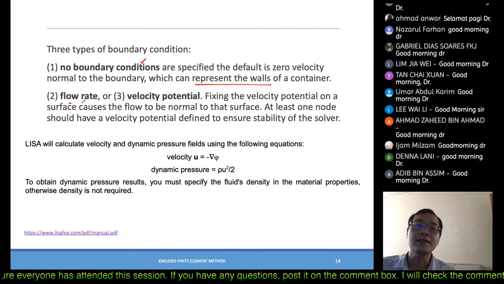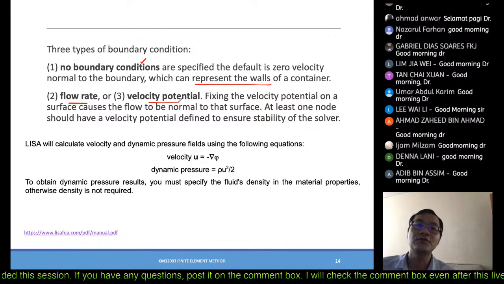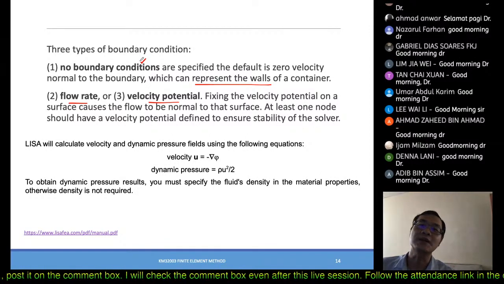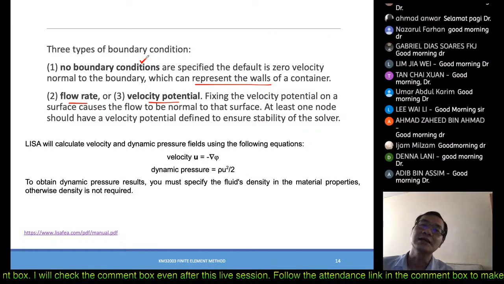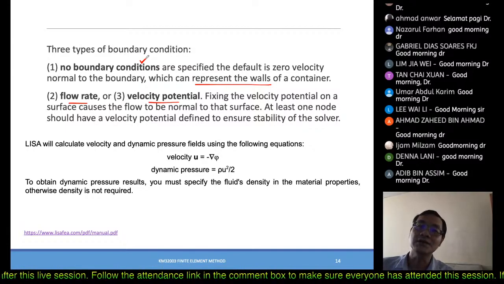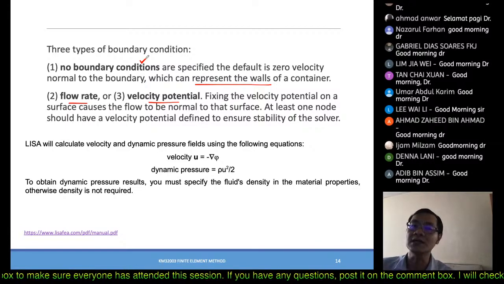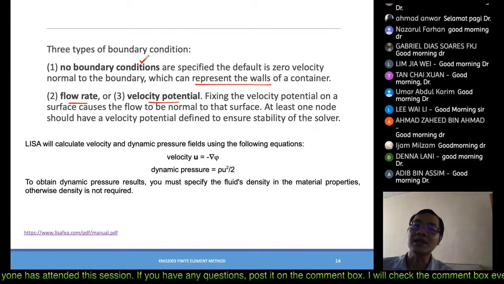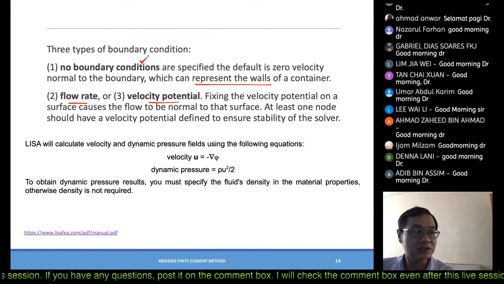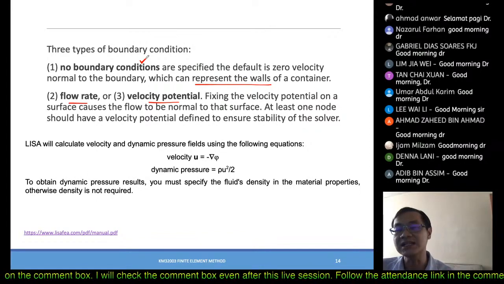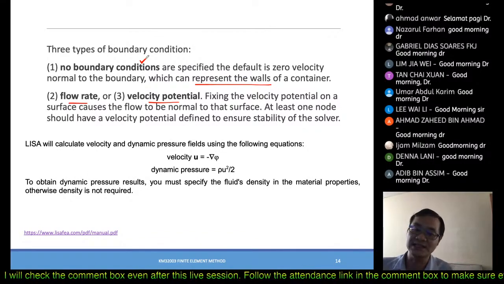Then we can have the flow rate and the velocity potential. This is general, but in some cases, most of the software still allows or encourages you to define the no boundary conditions or the wall itself, because in that case you can define the friction interactions between the fluid and the solid itself.